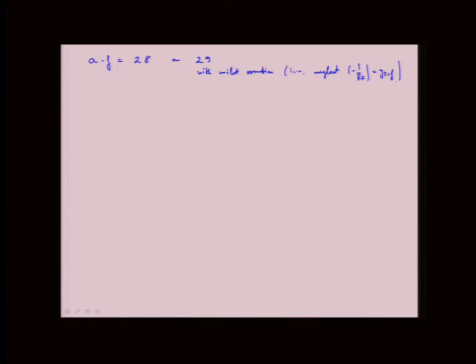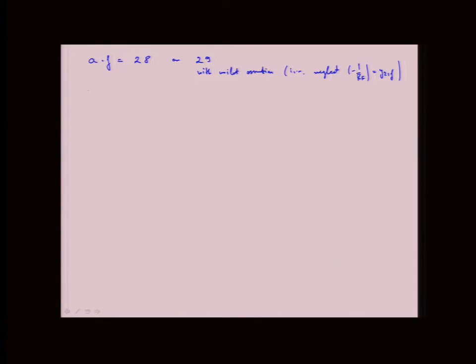We know that our closed loop feedback is going to be A over 1 plus AF, or 1 over F times AF over 1 plus AF. So 28 over 29 or 29 over 30, that's pretty similar. That's exactly what happens with this.